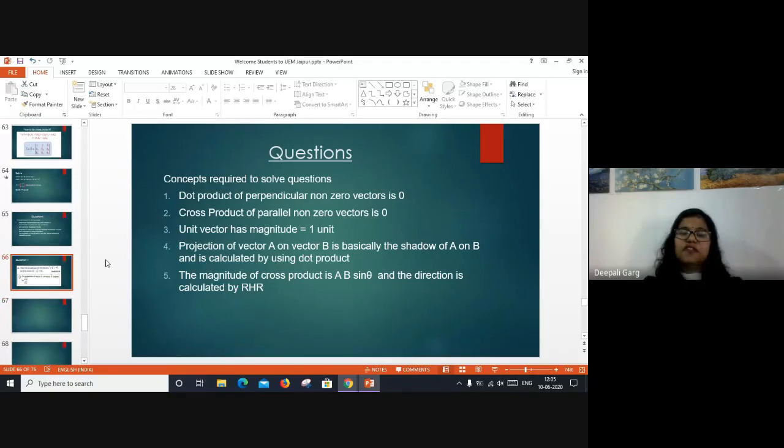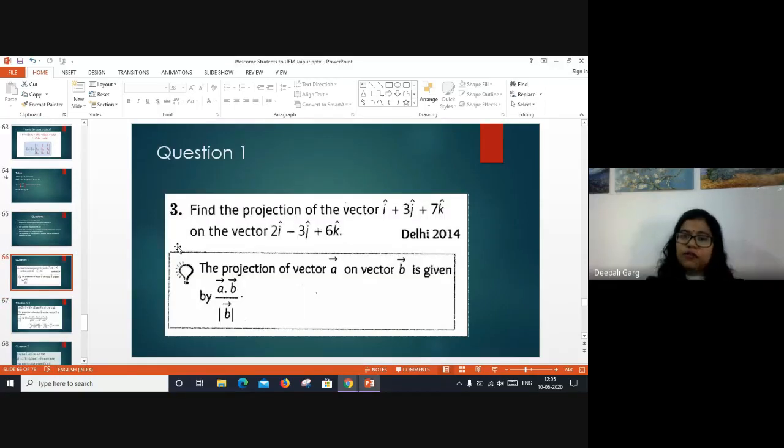Find the projection of i cap plus 3j cap plus 7k cap on the vector 2i cap minus 3j cap plus 6k cap. So what you have to do, you have to find the projection of this i cap plus 3j cap plus 7k cap. Suppose this is A vector.